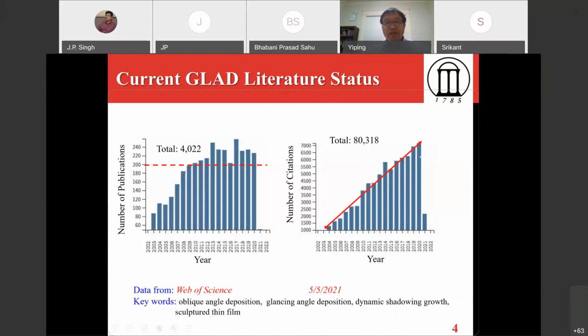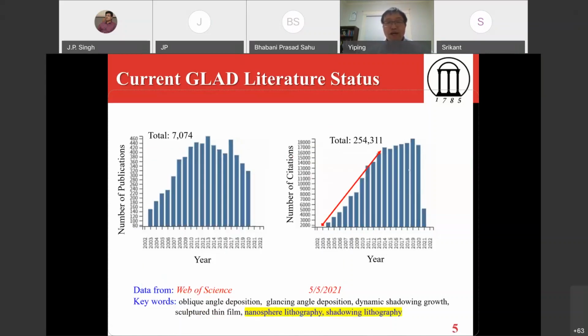However, if we expand that scope a little bit, so if I include a well-known technique called nanosphere lithography, which people also use a lot for shadowing growth techniques and also shadowing lithography, then you can see that the number of publications almost doubled, and also the total citation is huge. It's much larger than the only defined glancing angle deposition.